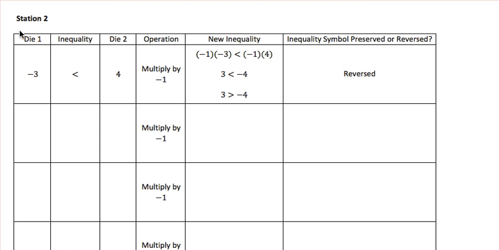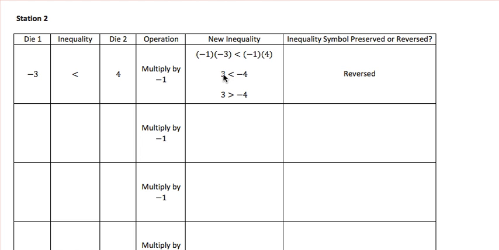To illustrate again, I'd like you to take a look at station 2. The result on die 1 was -3, and die 2 was 4, and -3 is less than 4. Then the operation was to multiply both sides by -1. -1 times -3 is +3, and -1 times 4 is -4.